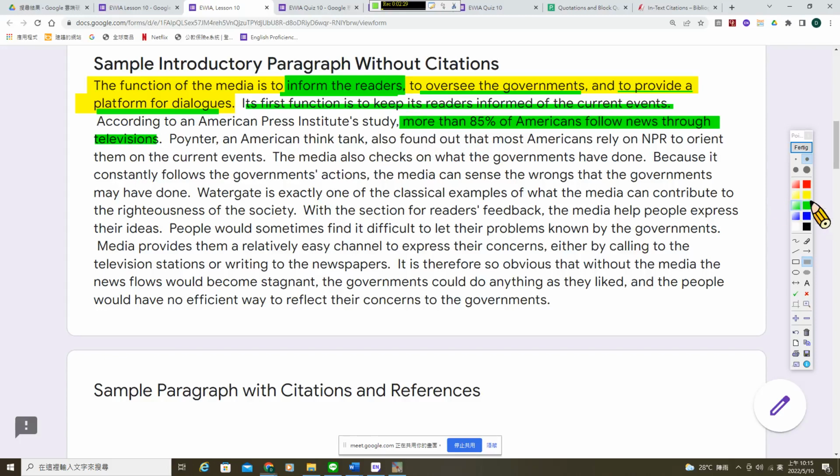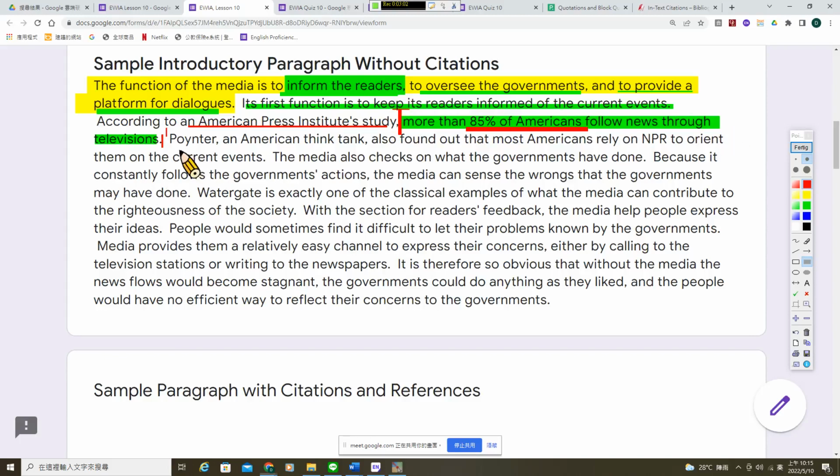I cannot have this idea by myself. Why? Because I have no way to know what percentage of Americans follow news through television. And this idea comes out from the American Press Institute study, right? So starting from here to here, I need to find a citation. I need to cite this idea.